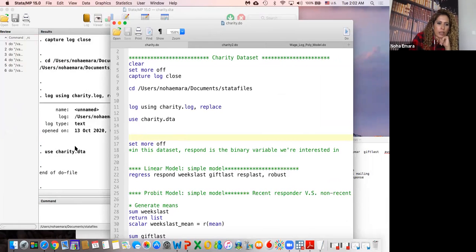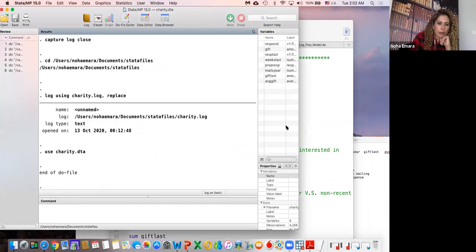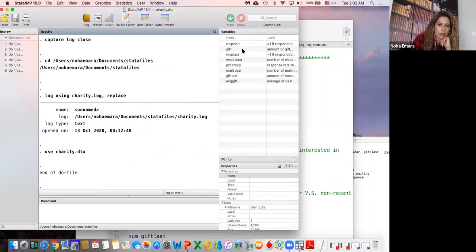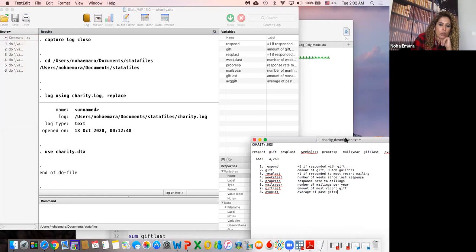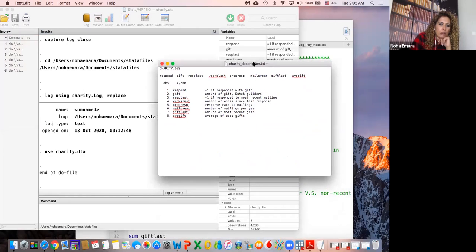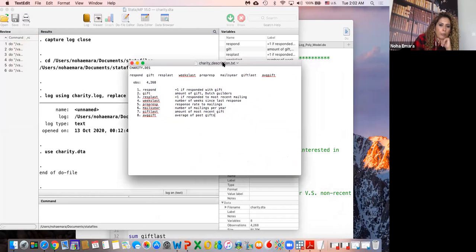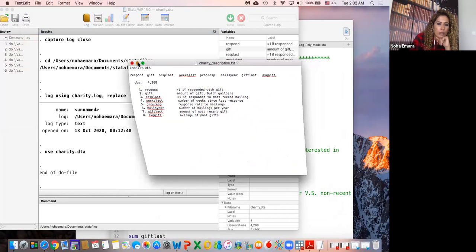Now what I have here is I already imported the data set, and it's here, the respond. Actually, whatever you see here, you already have it in your text file, which I sent you guys, which is already on the course site. So all the abbreviations and their labels, their definitions, are here.